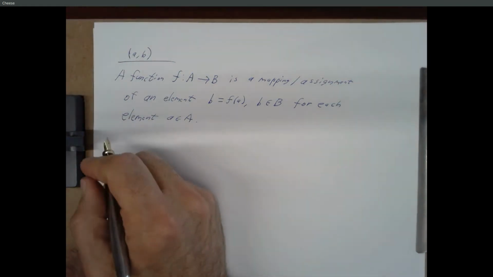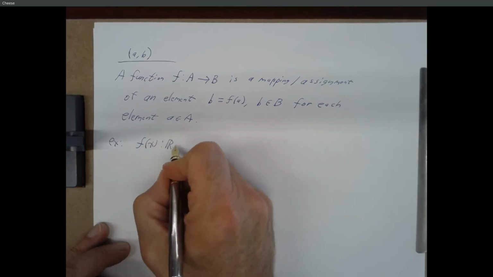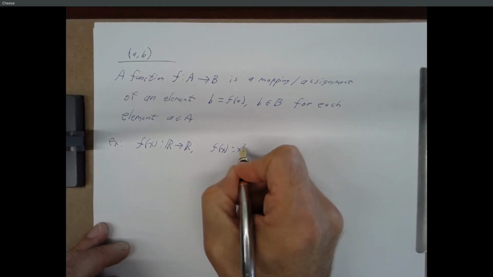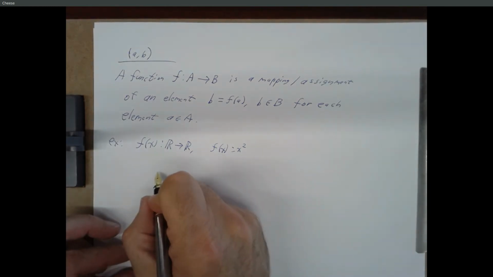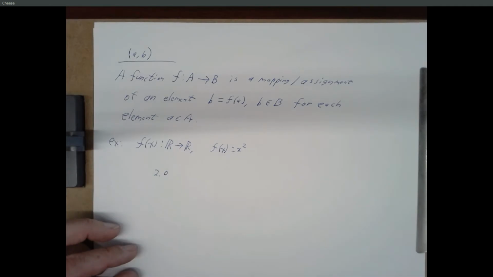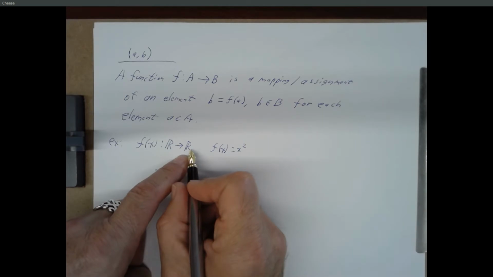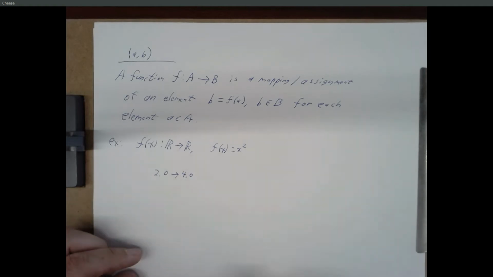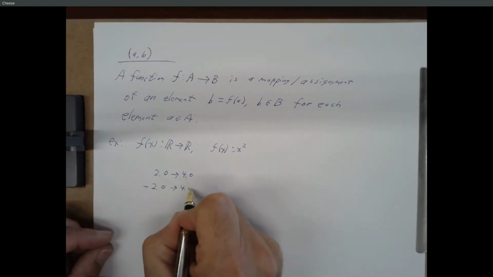And so, for example, f of x going from the reals to the reals, and defined by f of x equals x squared. So we can pick any element in this first set, any real number, 2.0, and this mapping associates an element in this other set, which is also the reals, associated with 2, in this case the value of 2 squared, which is 4.0. It also associates with the number negative 2 the value 4.0.